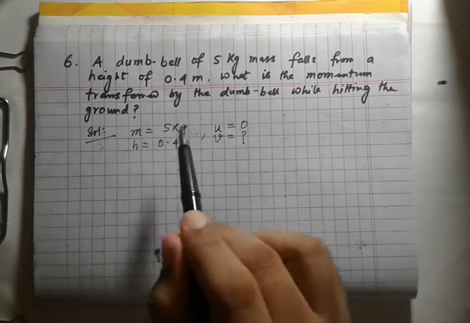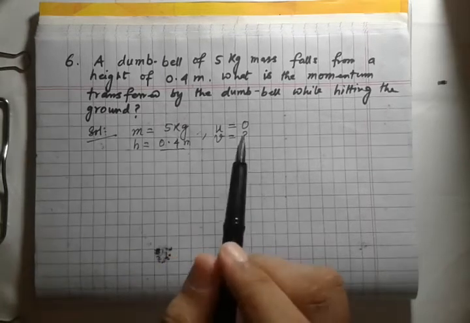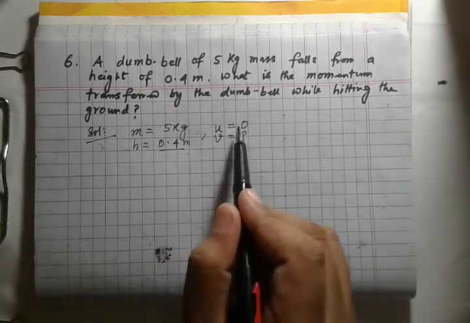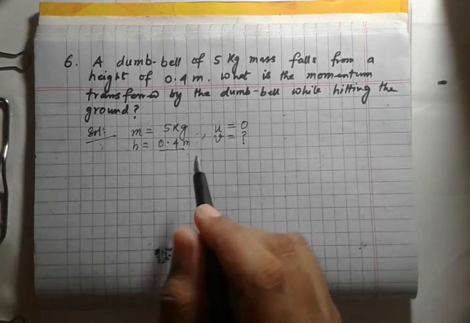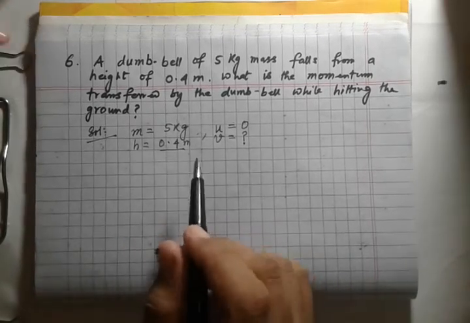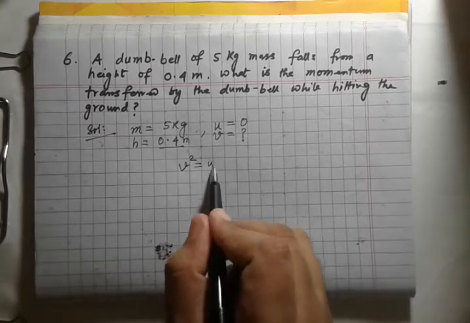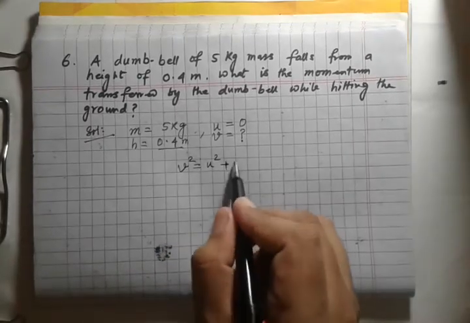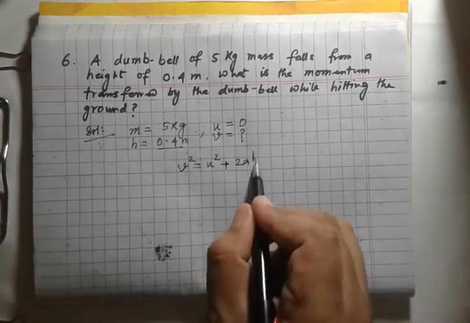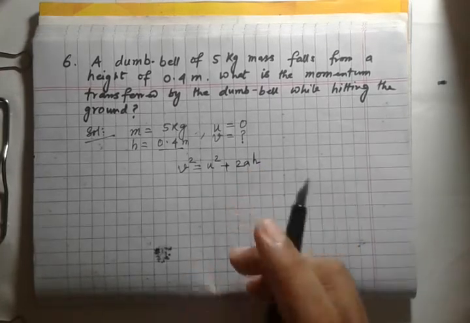See, time is not given, height is given. So when time is not given, height is given, and initial velocity is given, then to find out the final velocity, we can use the formula v square is equal to u square plus 2ah. Instead of s, we are writing h.